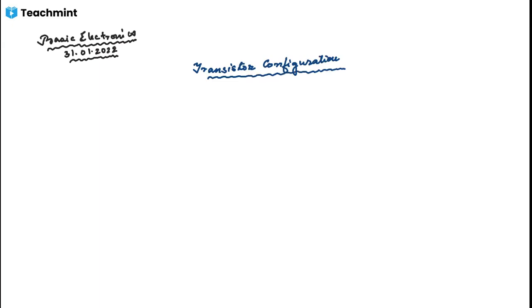The transistor may be represented as a two-port network. A transistor has three terminals. Any of these three terminals can be made common to input and output. This common terminal is generally grounded or connected to the chassis. Hence, depending upon the common terminal, there are three transistor circuit configurations, namely common base configuration, common emitter configuration, and common collector configuration.